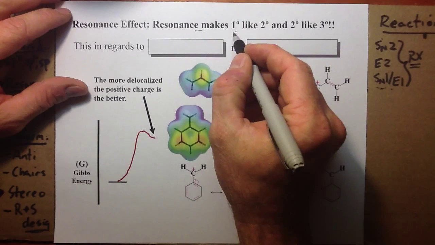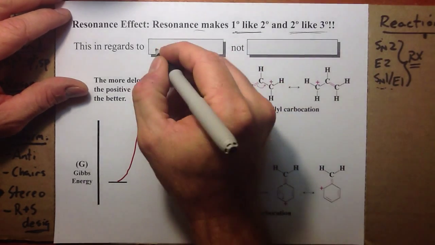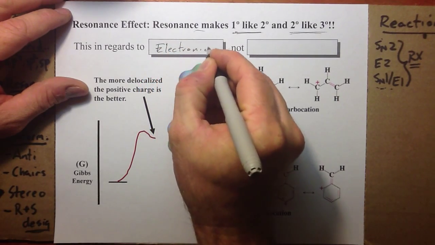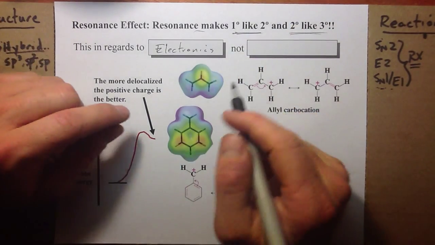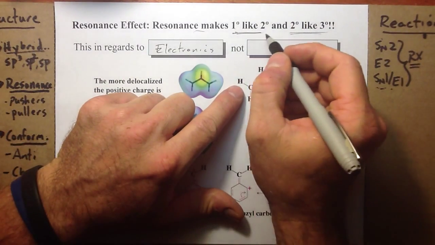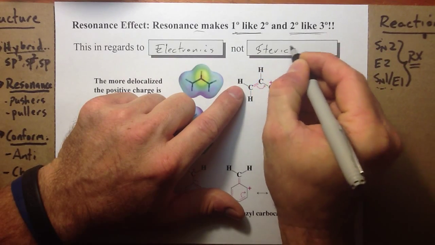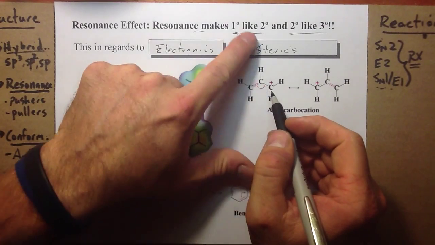Resonance makes primary alkyl halides like secondaries and secondaries like tertiaries. This is in regards to electronics, not sterics. I'm not saying they are hard to get at the positive charge like a tertiary. No, I'm not talking about that. I'm talking about the electronics of this primary being like that of a secondary.